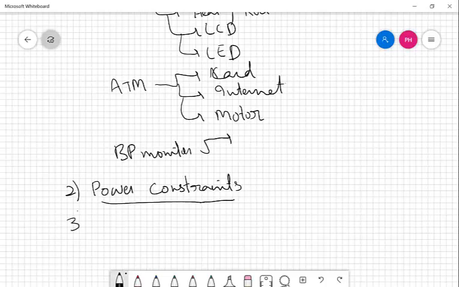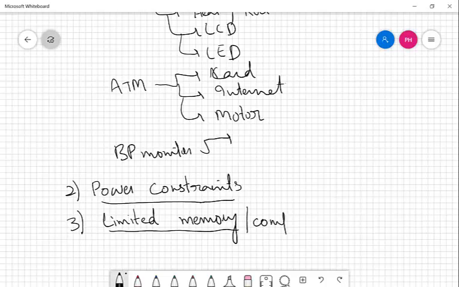Number 3 is limited memory. Actually, since the computer is embedded in a device, we have limited space, limited memory, limited computing facility. So we cannot install a full-fledged computer inside our embedded systems.